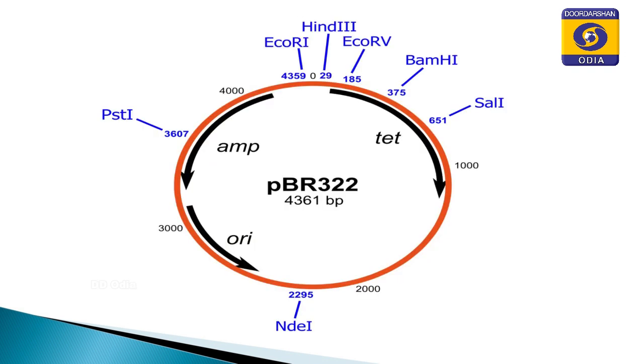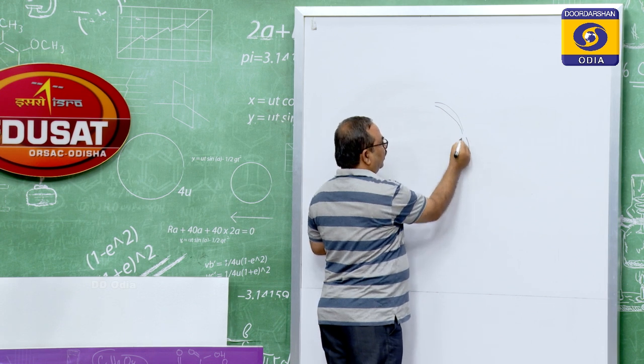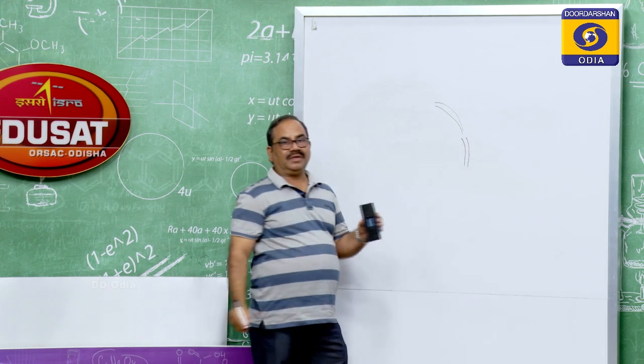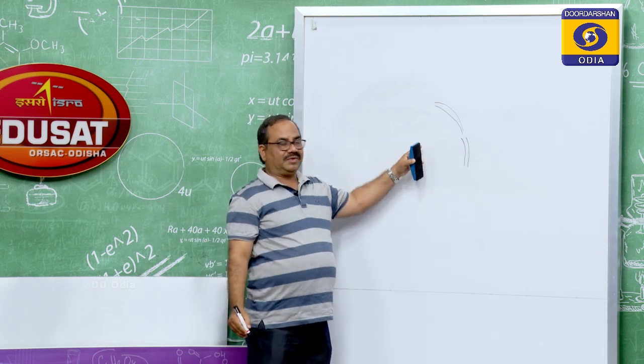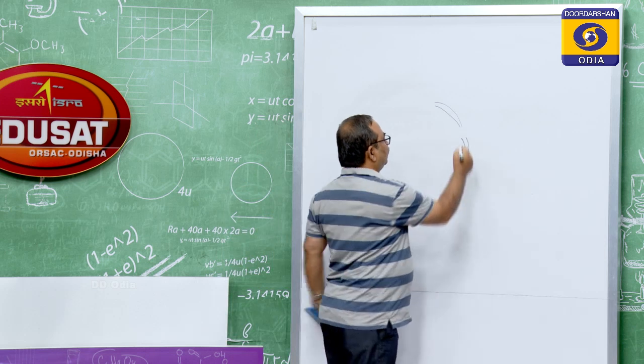So, from this slide you can very well see there are several restriction endonuclease sites like EcoRI, HindIII, EcoRV, BamHI and then SalI. So, if we take any of these restriction endonucleases and digest this, then we shall see this vector will be producing a cut. Suppose we have taken EcoRI, as I have discussed, this will be bringing about a cut like this.